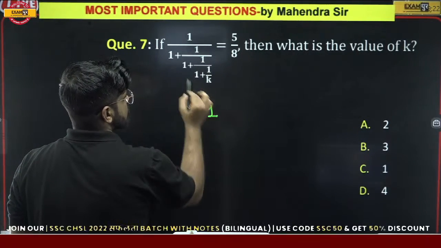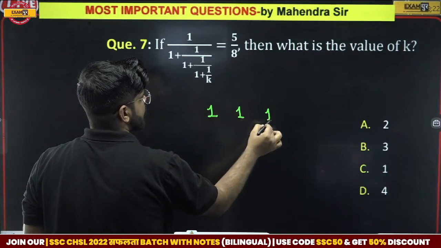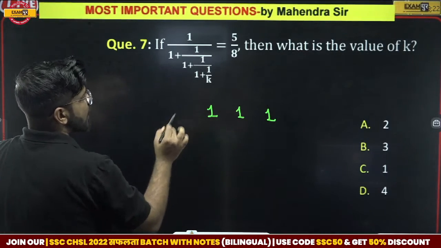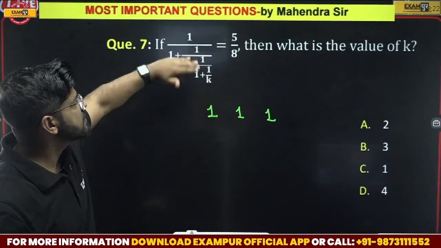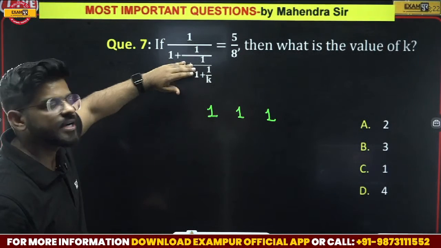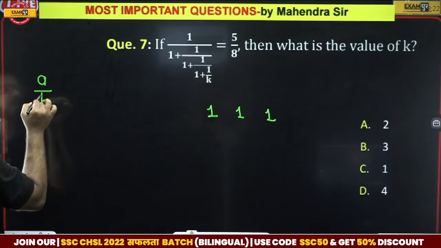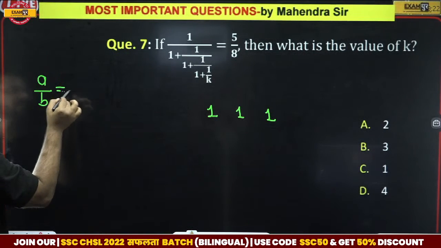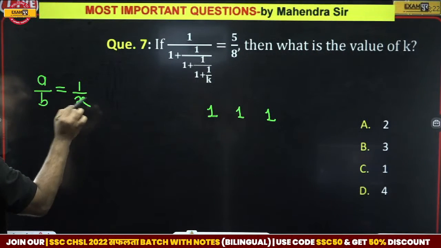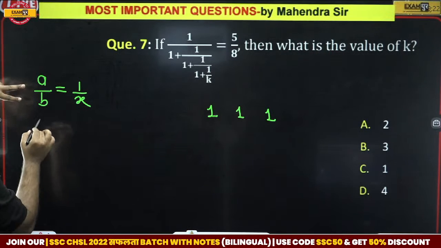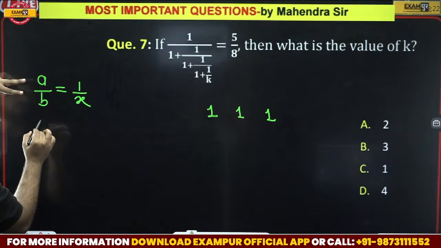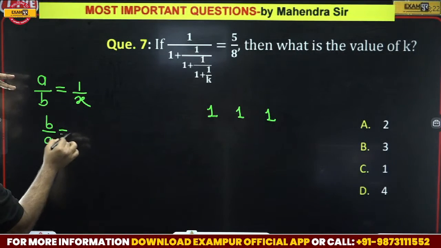Here is 1 and here is 1, 3 times 1, and one time we can see that it is in the denominator. So if a upon b is equal to 1 upon x, and we have to find the value of x, what do we do? Just reverse or invert it. So b by a is equal to x.